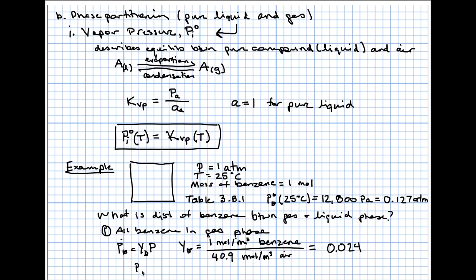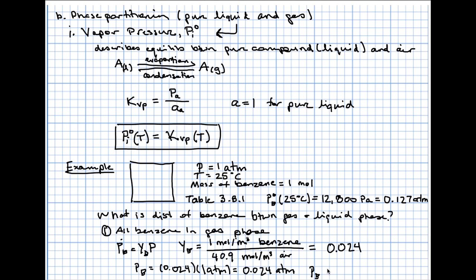Therefore, the partial pressure of benzene is 0.024 times 1 atmosphere, so it's 0.024 atmospheres.